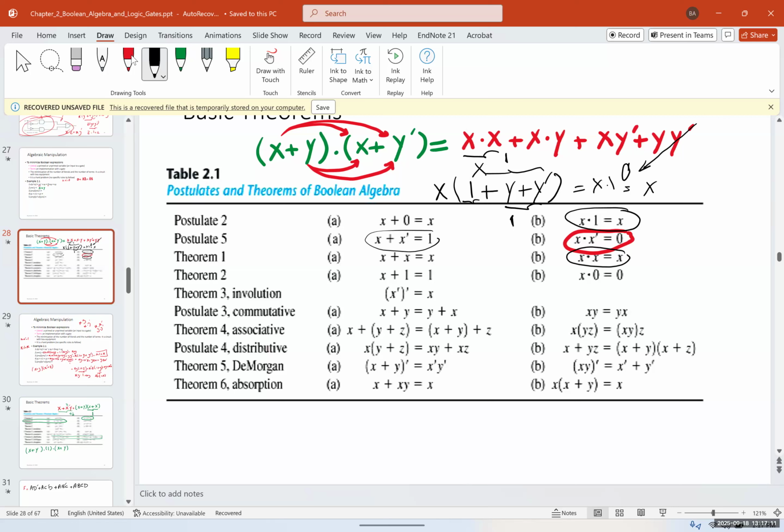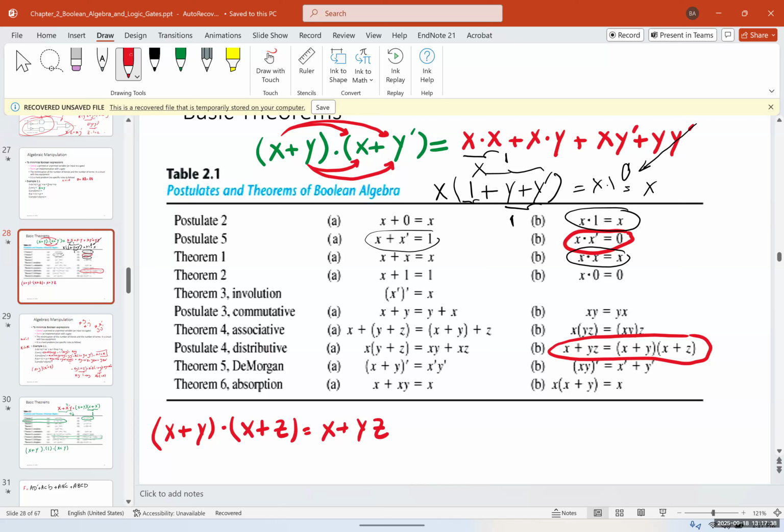Another way to solve it is, again, we can use the distribution law. We have the duality. We know that x plus yz is equal to x plus y times x plus z. And it's true in the other way as well. So x plus y and with x plus z is equal to x plus yz.